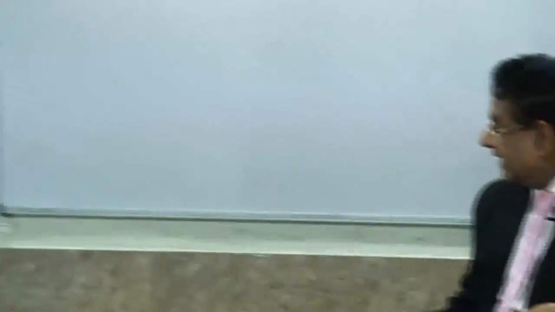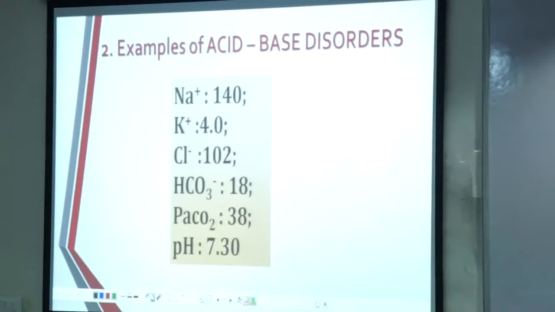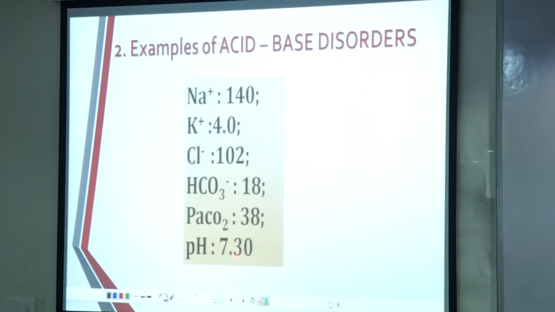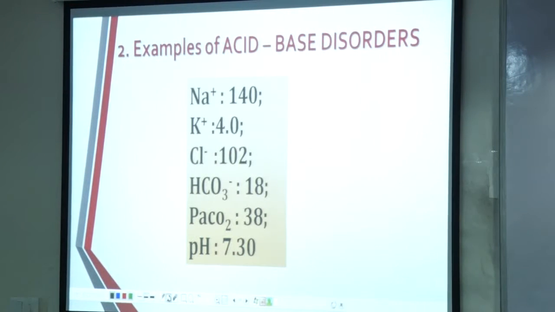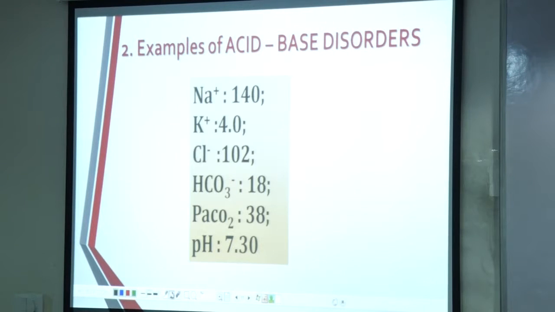First you calculate the anion gap. pH is 7.30. What is this? Acidosis. Calculate the anion gap. How much is it? 20. More than normal. So it is acidosis, and metabolic acidosis with increase in anion gap.